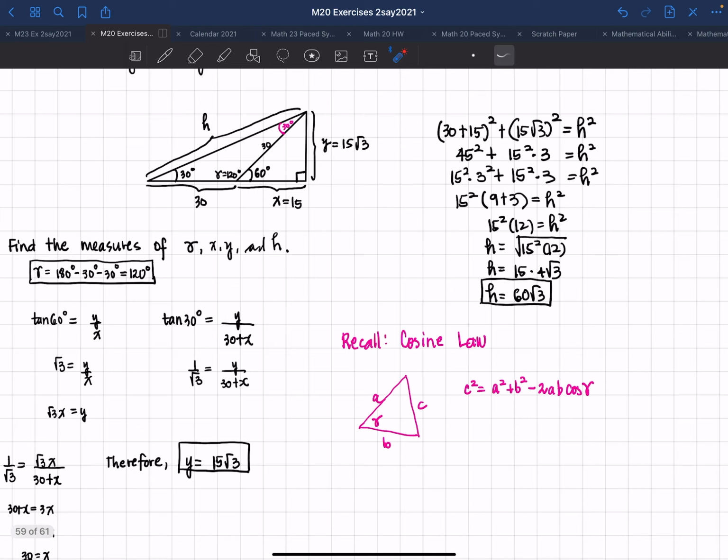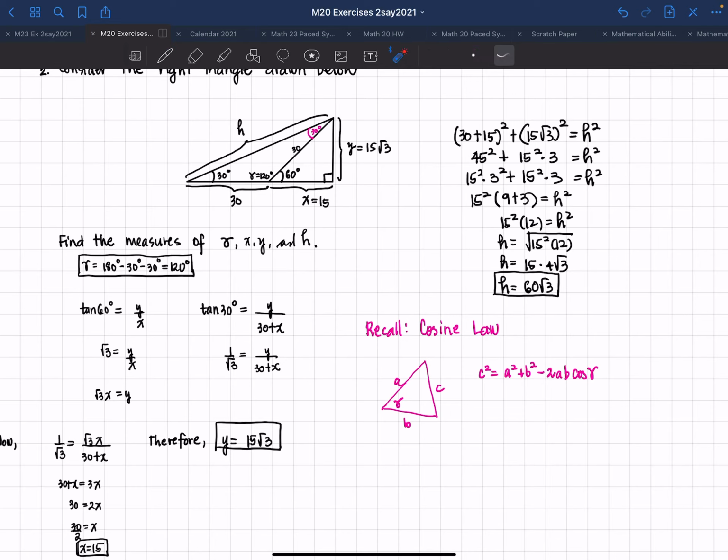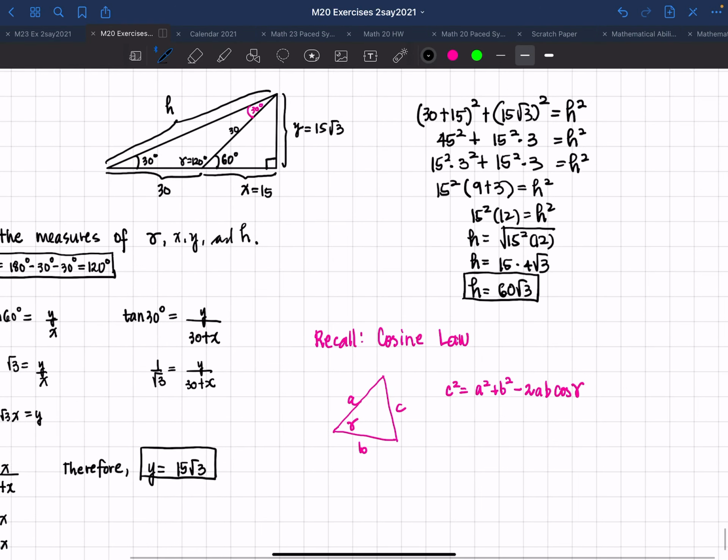So, kung i-apply natin dito yung cosine law, meron tayong, ito yung dalawang sides mo, ito yung included angle, 120. Tapos ito yung opposite side. So, h squared equal to square plus square minus twice nung product ng dalawang sides, cosine 120 degrees.